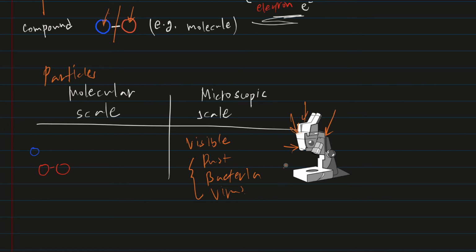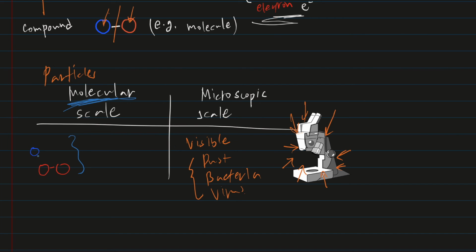We can actually see them using our technology and our equipment, like a microscope. There are various types of microscope, but I can't really explain them because I am not an expert in microscopes. And when you talk about the molecular scale, as the category name says, it's about the size of the molecule. We can't really see them, even though we have microscopes.